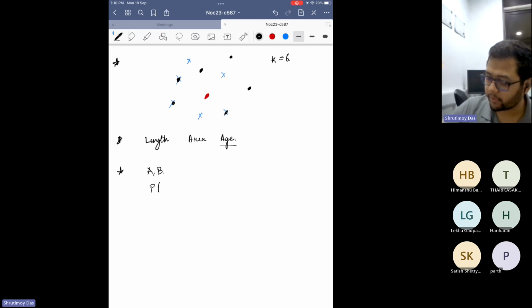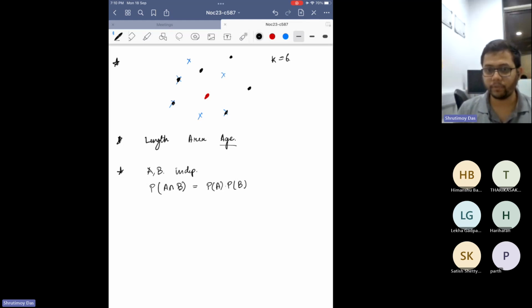If you want to check the probability of event A and event B occurring together, then if A and B are independent, we can say this is equal to the probability of event A occurring times the probability of event B occurring. So this is the basic definition of independence, right?